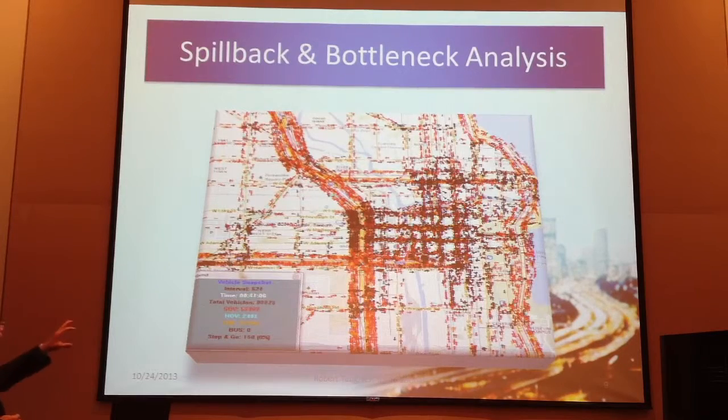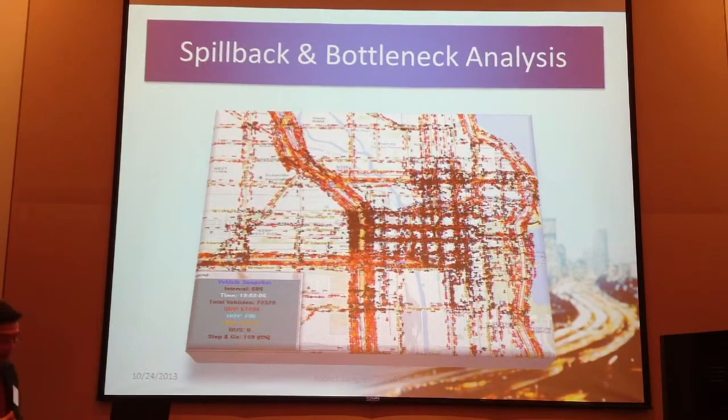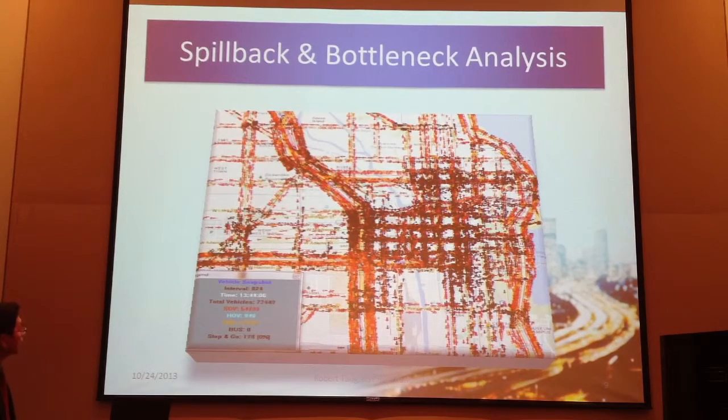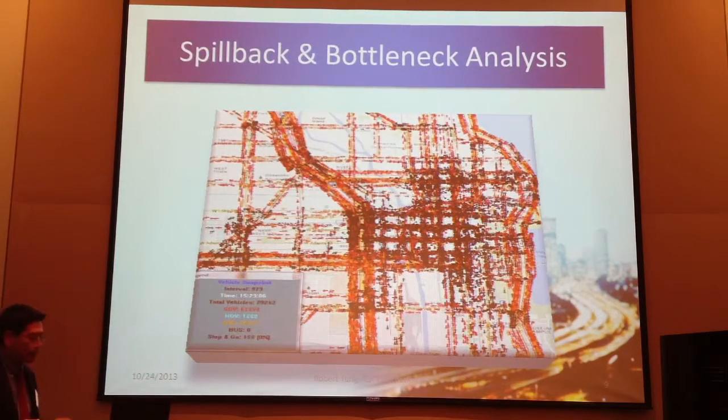This is the downtown Chicago area, and you can identify the bottlenecks and the queue patterns. Later on, you can investigate why that caused this problem, whether that's the truth, or maybe that's your forecast, your future traffic pattern under a certain scenario.